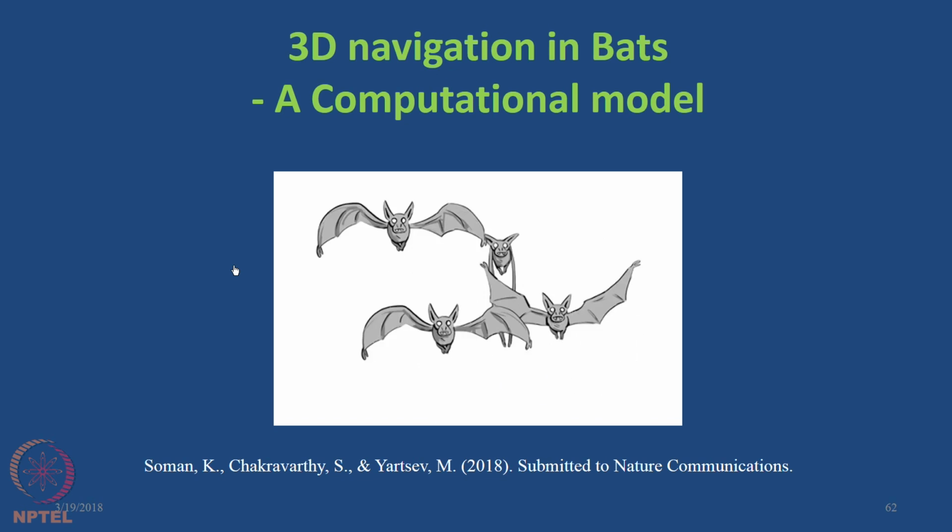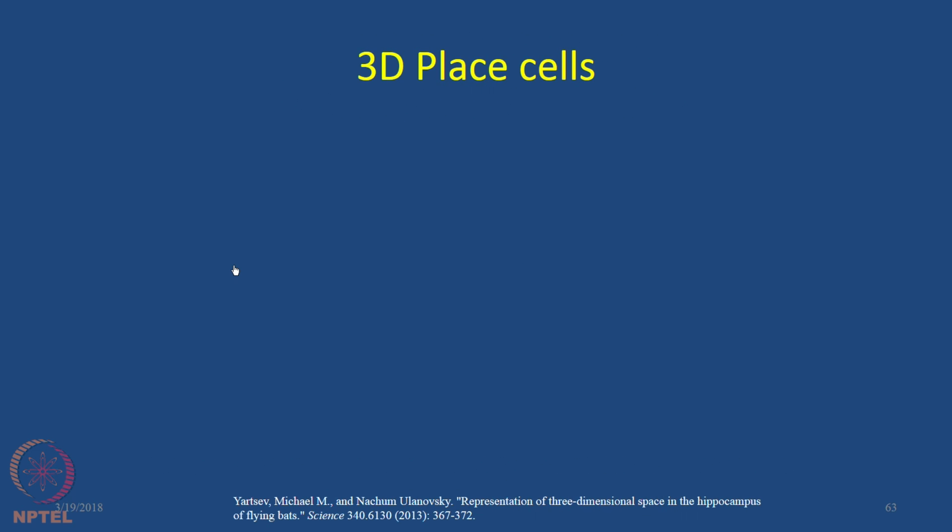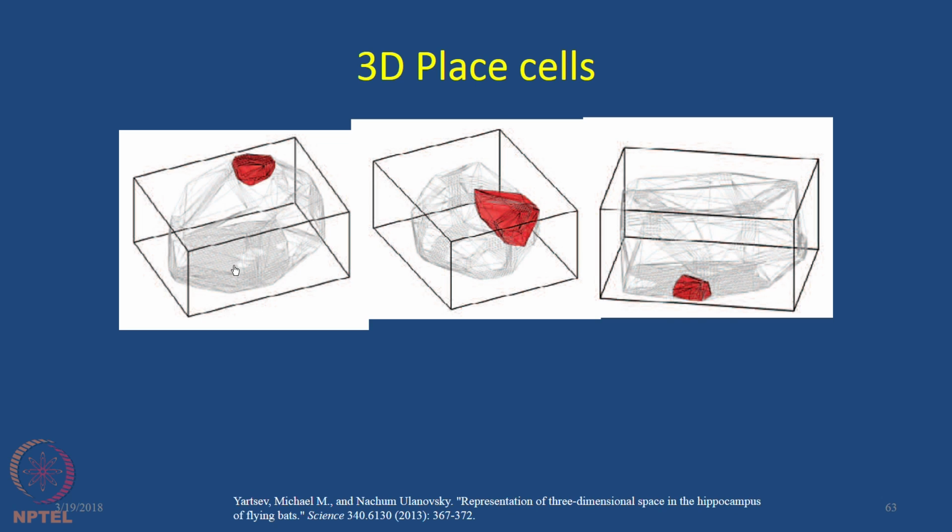Then we also applied these methods to modeling 3D navigation, with data that we got from Michael Yartsev of the University of California, Berkeley, regarding 3D data from bats engaged in 3D navigation. In this case, you see that the place cells are now in 3D.